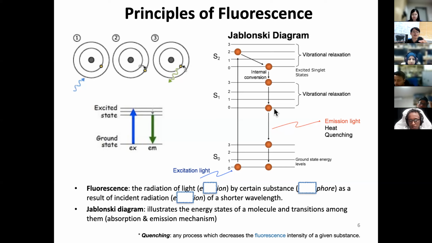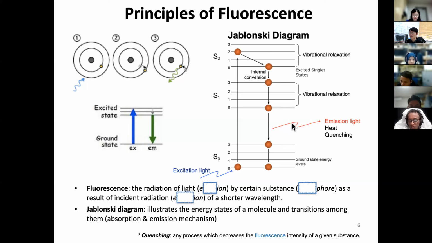And then what happens? Because this is unstable, they will come down. Where do they come down? It depends. It can come down to a slightly different level or really down to the ground state. But that difference of energy, when they come down, they emit light, and that emission light is what we call emission.